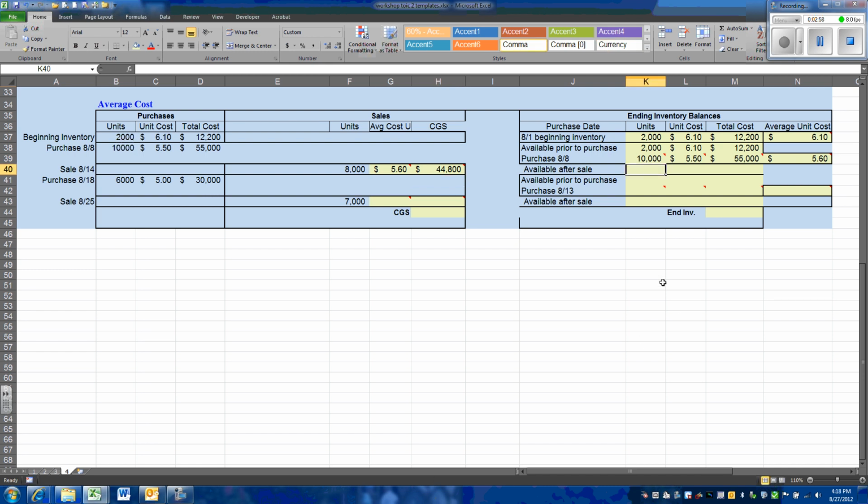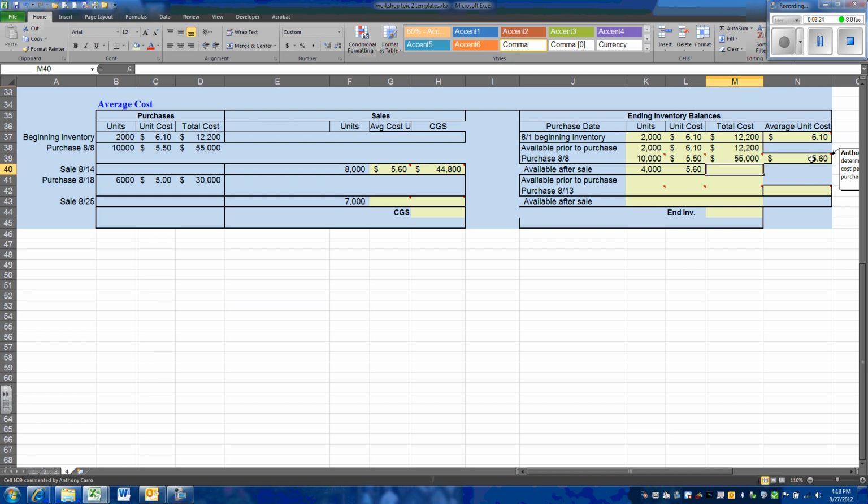After the sale, we'll have 4,000 units remaining. We began prior to the sale with 12,000 units. We sold 8,000. So that gives us 4,000 units with an average cost of $5.60.